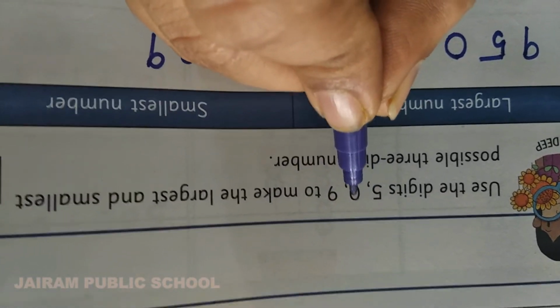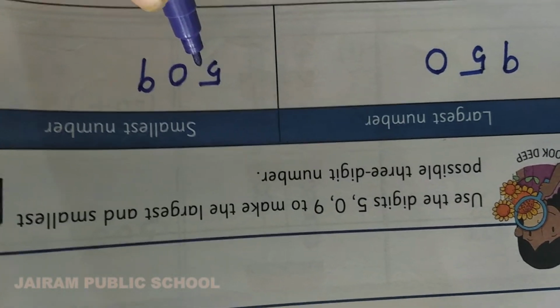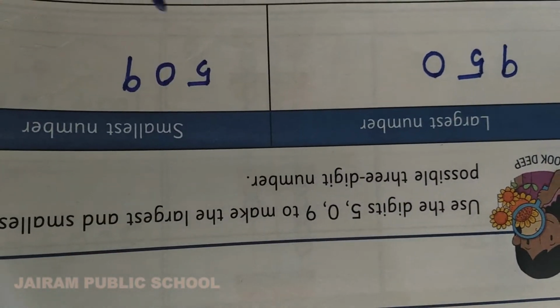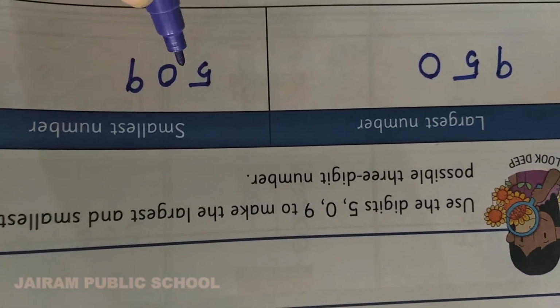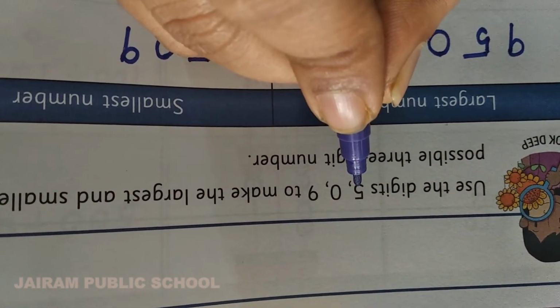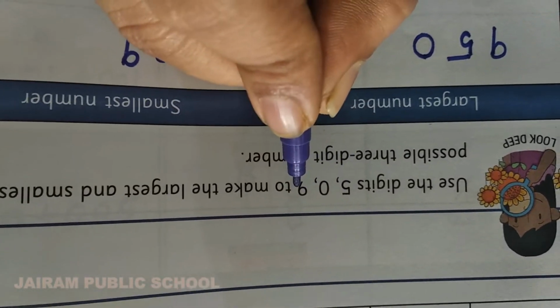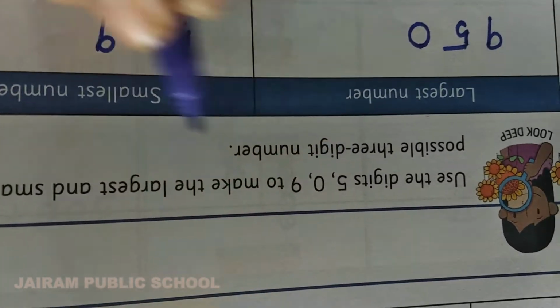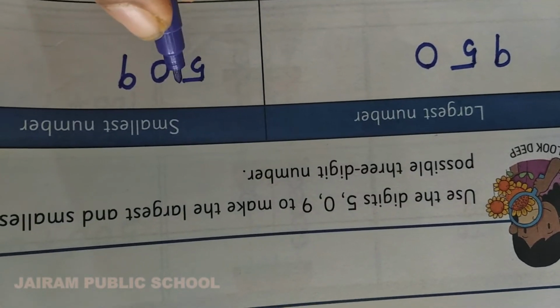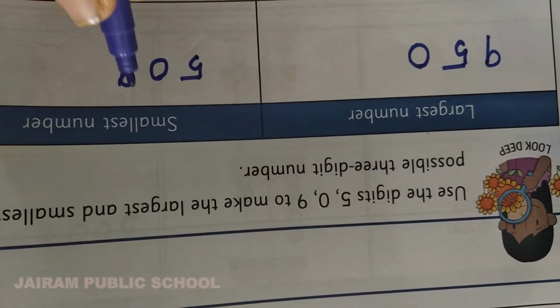Here 0 is there, but we should not put 0 first because 0 has no value. After that, you have to check which number is small. 5 is small when compared to 9. So you want to put 5 first. Then you have to put 0. Then only the largest number you want to write, Kanna.